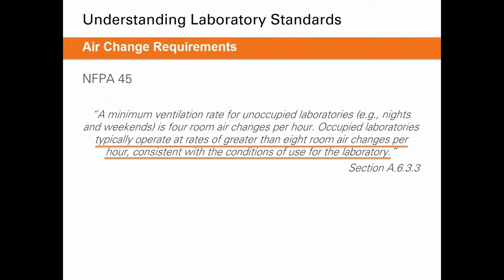And typically what we see is a recommended range of somewhere in the range of 6 to 12 air changes per hour. However, there are cases where the room itself may warrant more than that. These are generally special cases for specific applications, but they should still be considered when designing laboratories.